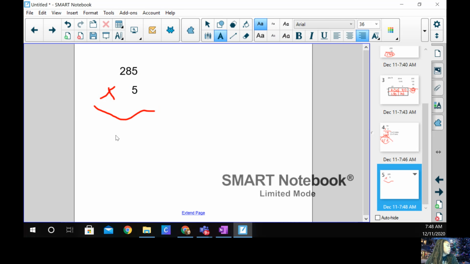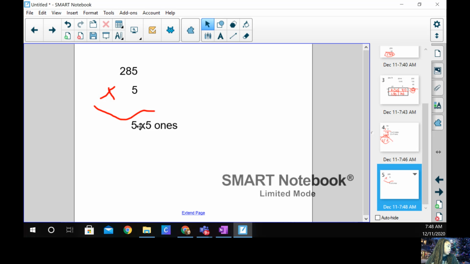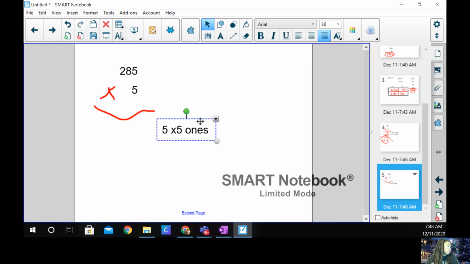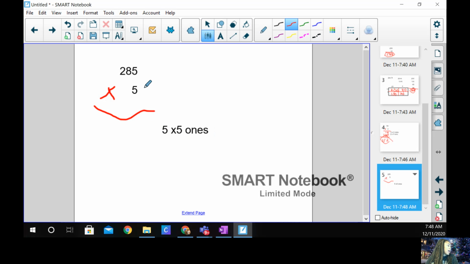And so the first thing we're going to do is we're multiplying in our ones section. So I am multiplying 5 times 5 ones. That is what it's telling me I'm doing. And so 5 times 5 is 25.